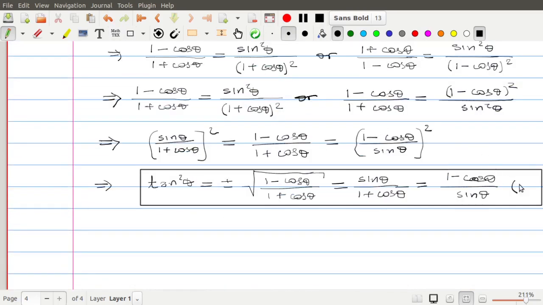So this is our formula 14 for the half angle of tan theta by 2. Sorry, there's a theta by, no, that's not square. That is tan theta by 2. Sorry for that confusion. So this is tan theta by 2. That is the half angle, so it's equal to that expression.